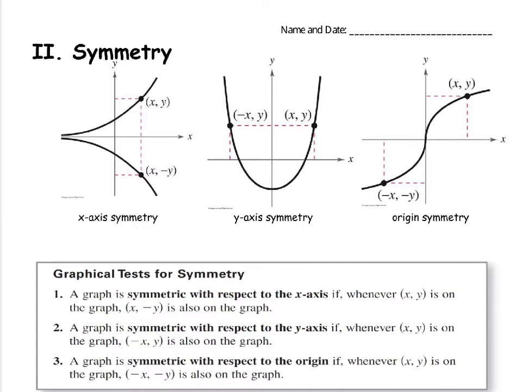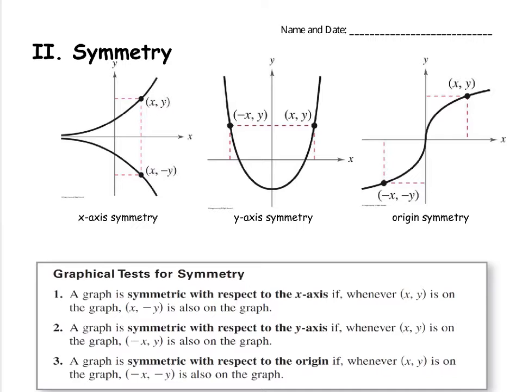The third type of symmetry is origin symmetry, and notice I didn't write anything about folding here because that really doesn't apply to this case. The key that you need to notice is opposite x values will always give opposite y's. Therefore, if you have the point on the graph, for example, (3, 4), then a point that will also have to be on the graph would be (-3, -4).